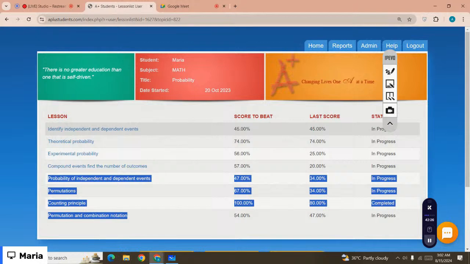Let's just start with the first lesson, that is probability of independent and dependent events. So let's just start with the lesson.